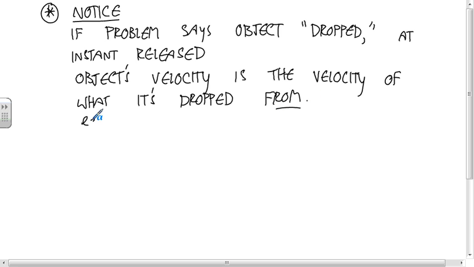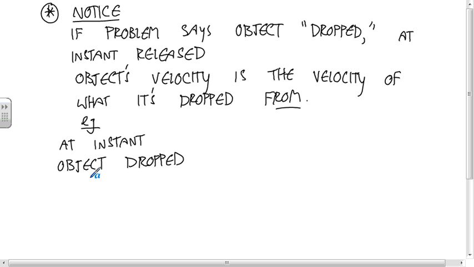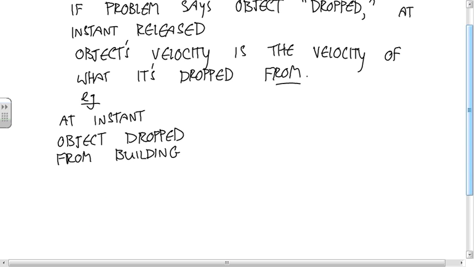So for example, at the instant an object is dropped from a bridge or a building, unless it's a very bad building, you know, because you don't want buildings to have velocities. They teach you that in civil engineering classes.